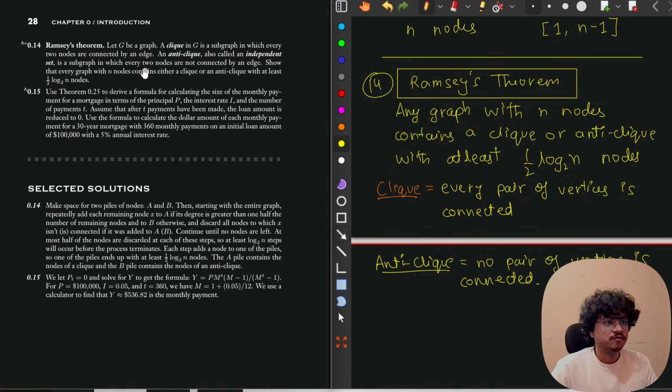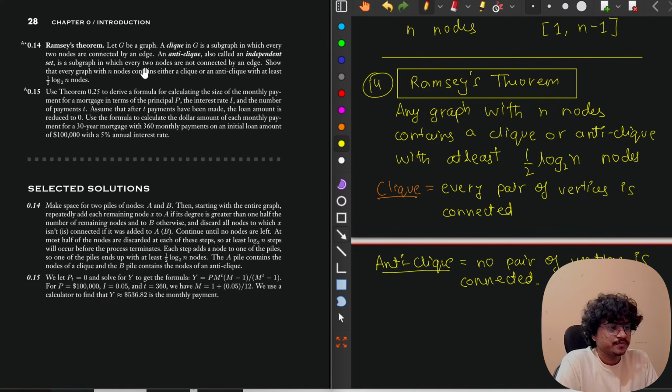And now we have to use this theorem to derive a formula for calculating the size of the monthly payment for a mortgage in terms of principal P, interest rate I, and number of payments T. Assume that T payments have been made and the loan amount is reduced to zero, and use this formula to calculate the dollar amount of each monthly payment for a 30-year mortgage with 360 monthly payments on an initial loan amount, at 5% annual interest rate.